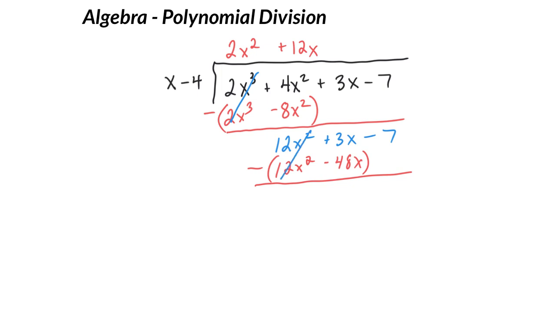And then we have 3 minus a -48, so that will be 51x, and I'll bring down that -7. 51x divided by x is 51. So we multiply. 51 times x is 51x. And 51 times -4 is -204.